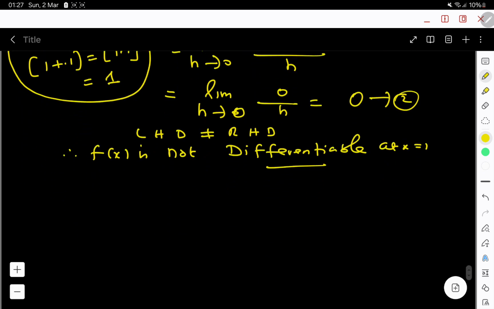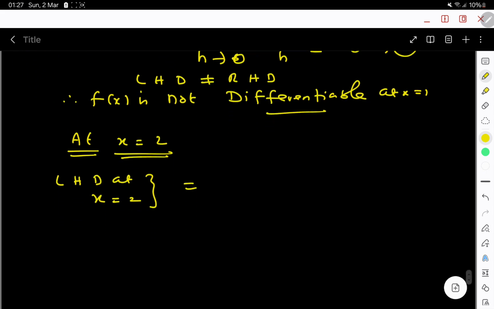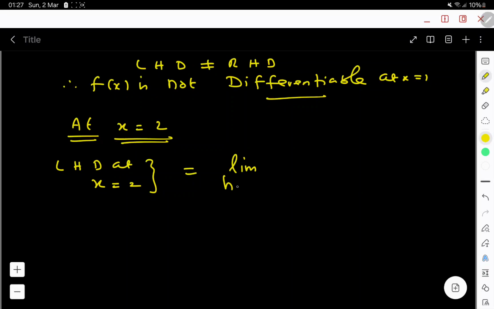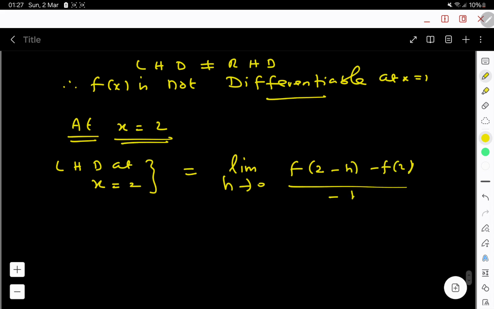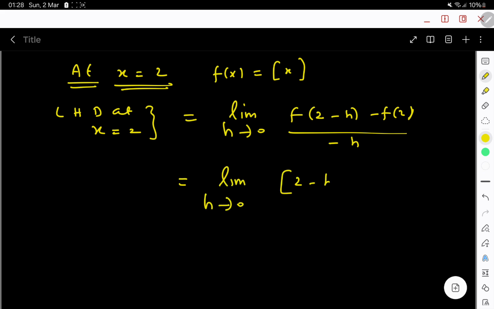Similarly, the next question is at x equal to 2, we show that the function is not differentiable. So now I am writing the left hand derivative at x equal to 2, the same formula. Limit h tends to 0, f of 2 minus h minus f of 2 by minus h. The function is again the greatest integer function. So limit h tends to 0, it is 2 minus h, f of 2 is again 2 here, by minus h.